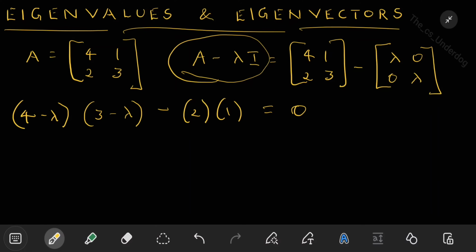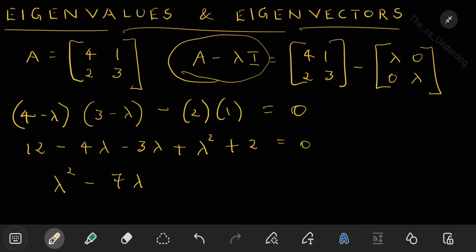What will you get here? 4 into 3 is 12 minus 4 lambda minus 3 lambda plus lambda square minus 2 is equal to 0. So this will be lambda square minus 7 lambda plus 10 is equal to 0. Correct? So this is your characteristic polynomial.